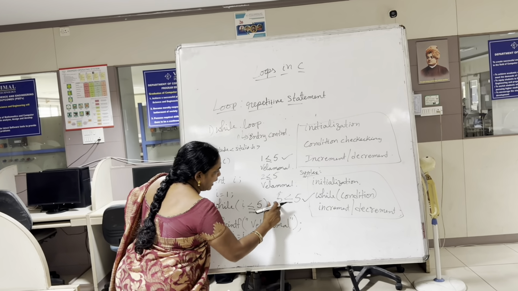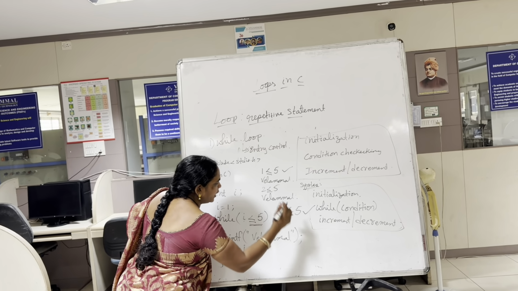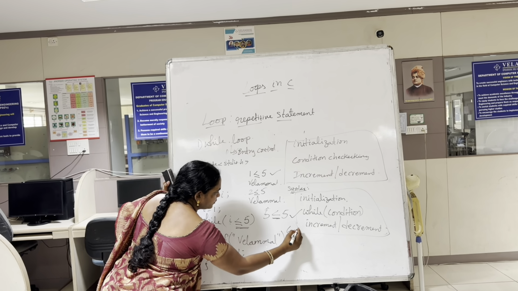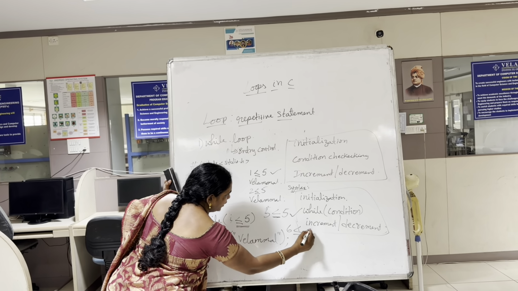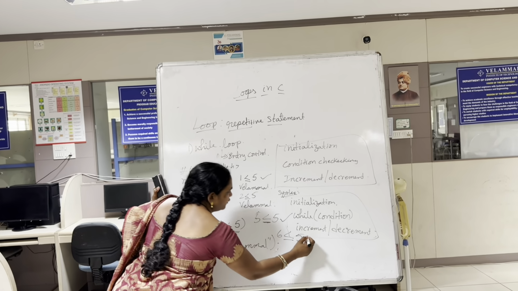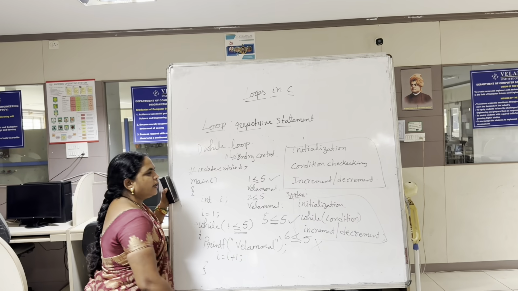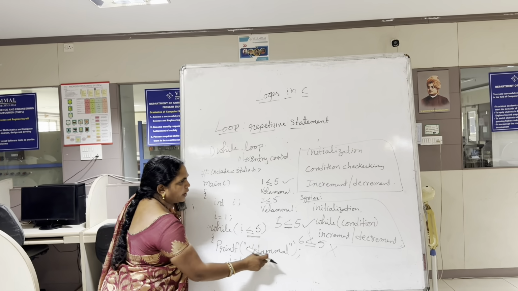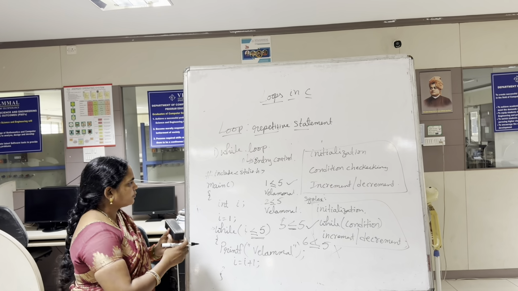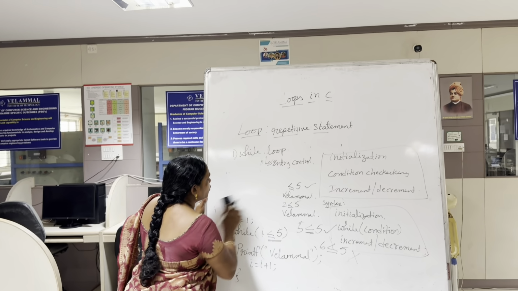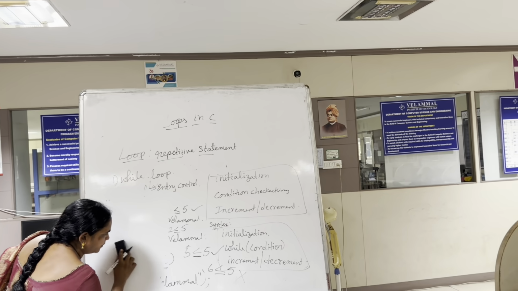So after printing the fifth time, the I value will be incremented to 6. 6 less than or equal to 5. Once it reaches this condition, the condition will be false and it will be terminated after displaying the name Velammal 5 times. Next, the second statement is a do-while conditional statement.